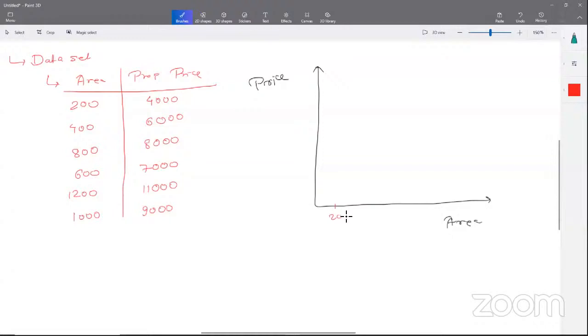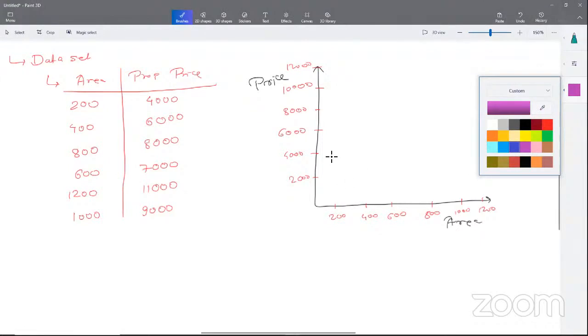See, on the x-axis we have 200, 400, 600, 800, 1000 and 1200. And on the y-axis, let's have the price. So values like 2000, 4000, 6000, 8000, 10,000, and say 12,000. So let's plot this using a scatter plot.